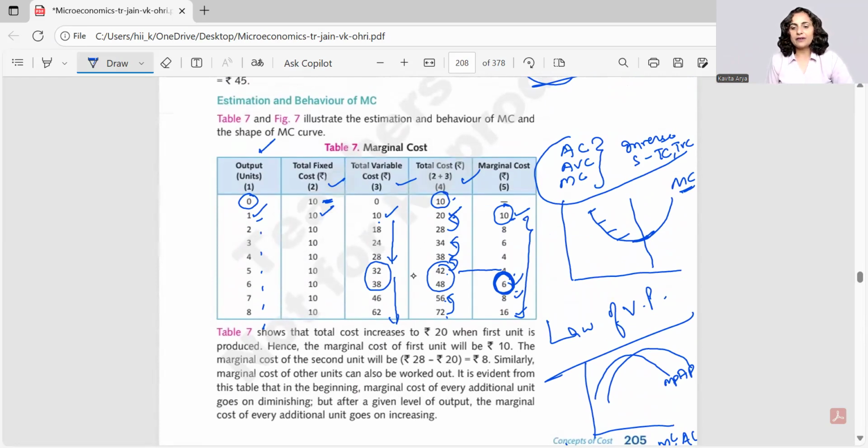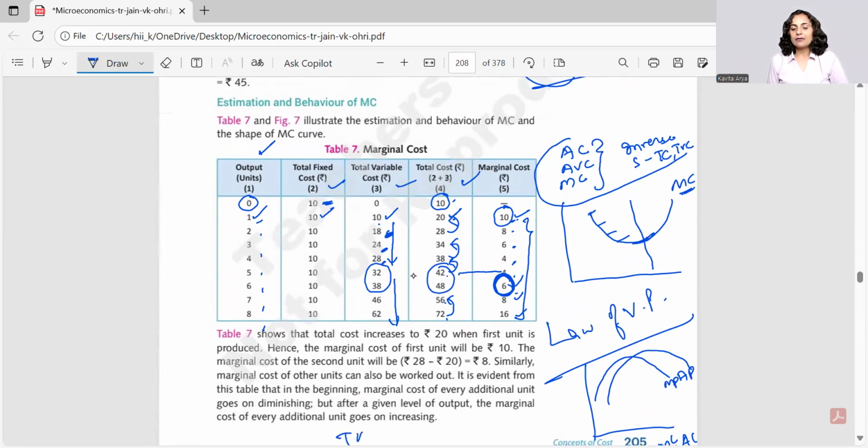It's the sum total of MC, 10. Okay. Next, if we add 8 to this 10, we get 18. See. When we add 6 to this 18, we get 24. And when we add 4 to this 24, we get 28.